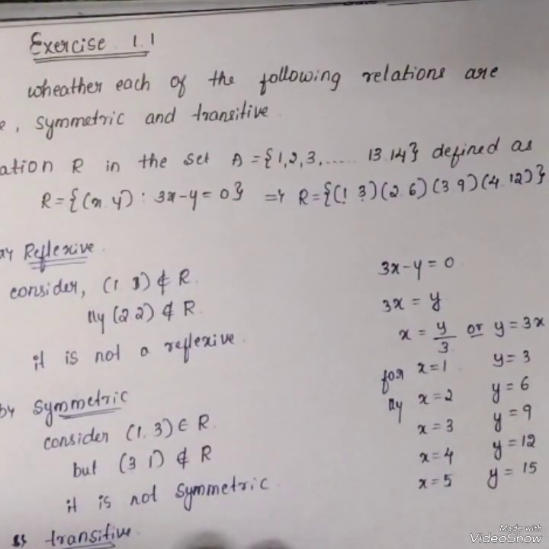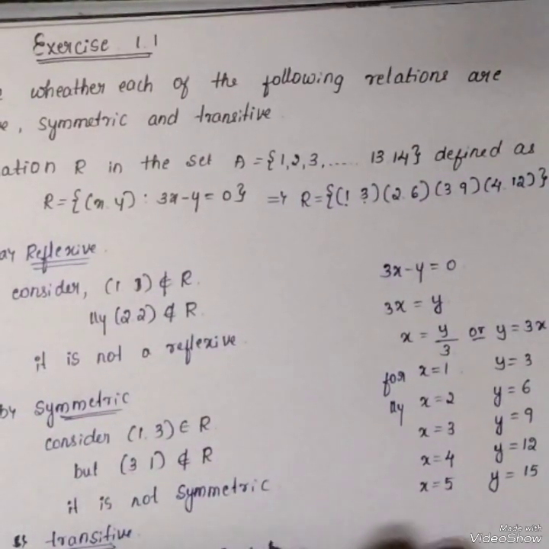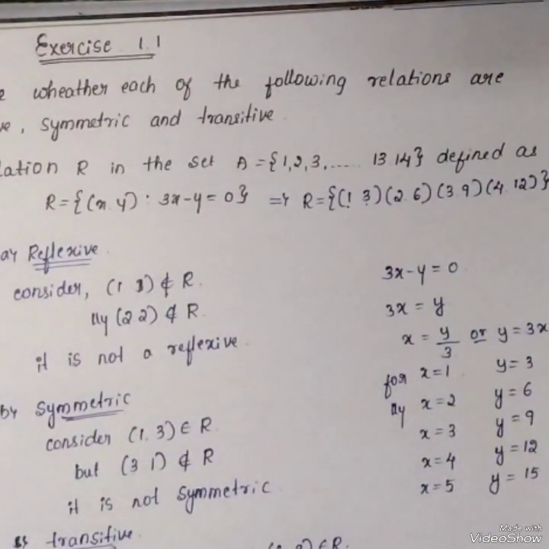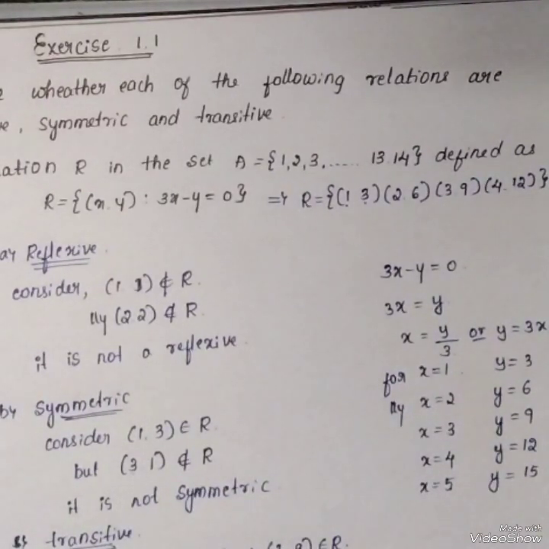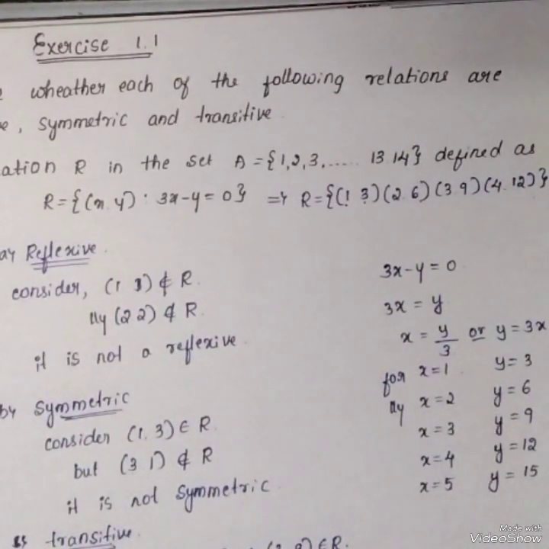Now, consider (1, 3) belongs to relation R and (3, 9) belongs to relation R. By the condition of transitivity, that would imply (1, 9) belongs to R, but (1, 9) does not belong to relation R. Hence, it is not transitive.